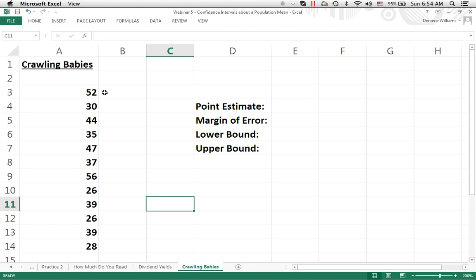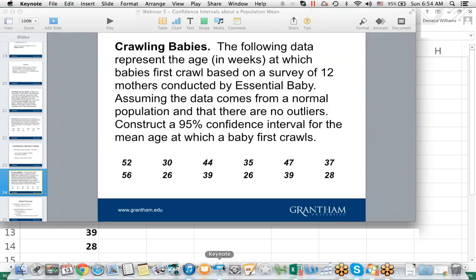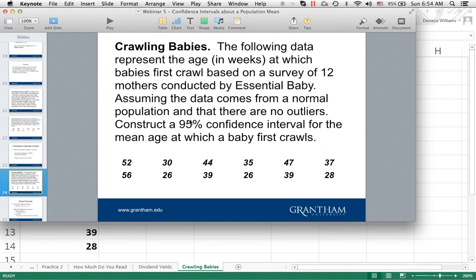So we have our 12 data points, and we are calculating a 95% confidence interval. Remember to check the assumptions. It comes from a normal population. The data is normal.